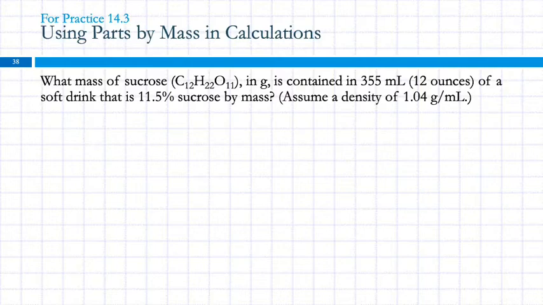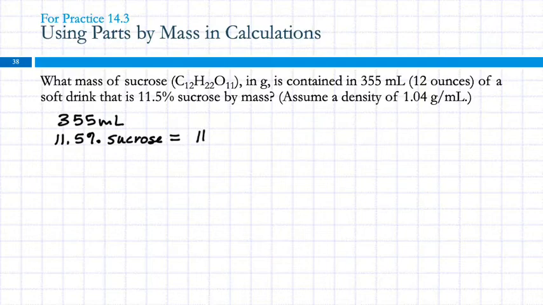So we've got 355 milliliters, and we've got 11.5% sucrose. Well, what does 11.5% mean? 11.5 per 100.